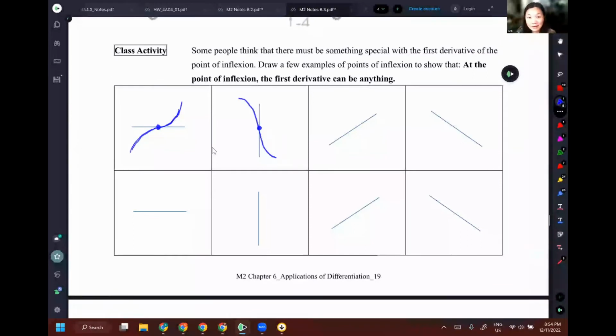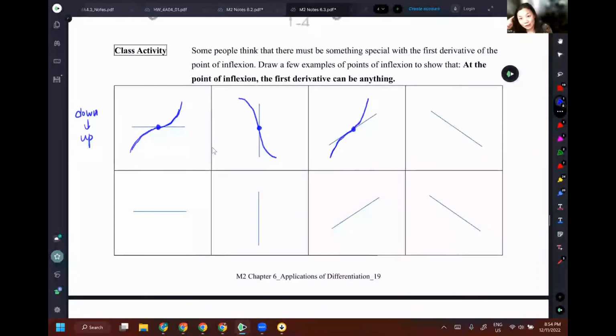Can that happen? I think it can happen in the curve. It can. Next one. Concave down, concave up. Here it's down to up. You practice with me.